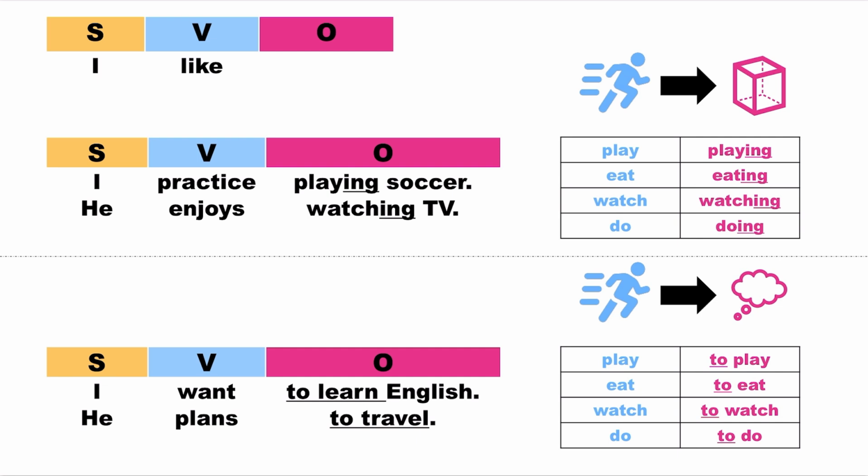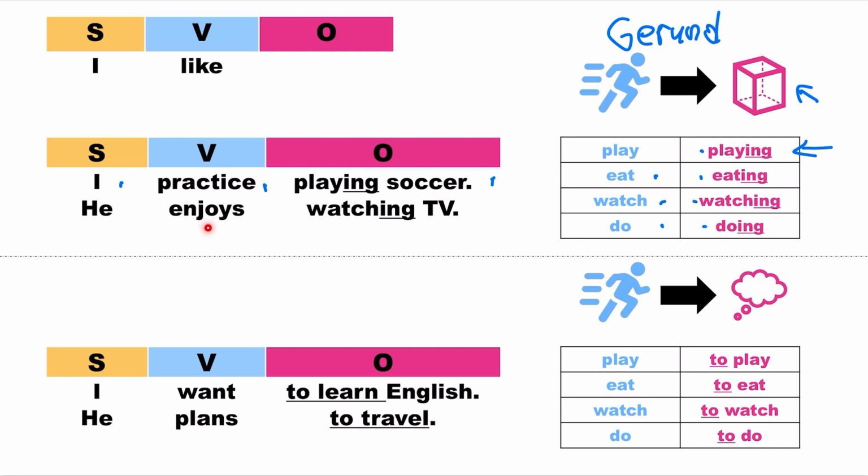The first one is called a gerund. This is the ing. Play, playing. Eat, eating. Watch, watching. Do, doing. This is like a real thing, doing the thing. I practice playing soccer. I practice that thing.